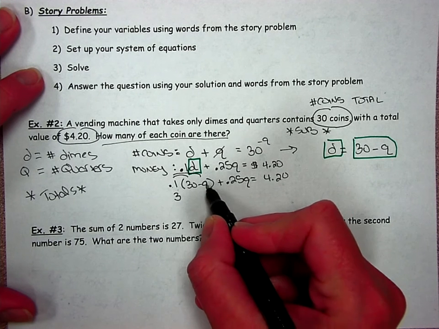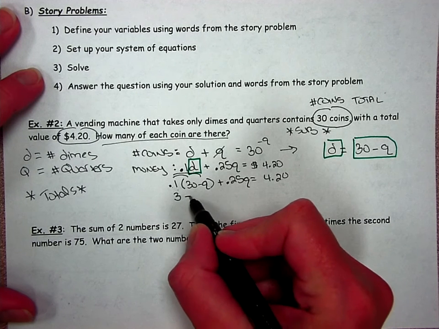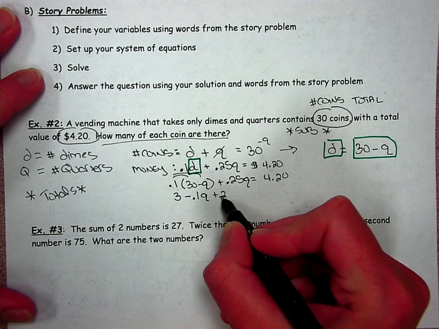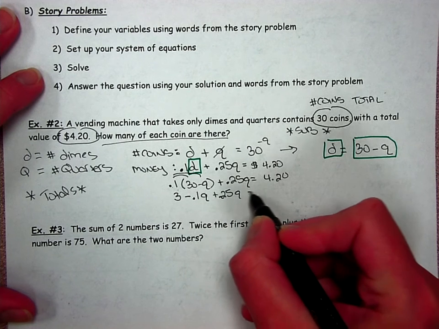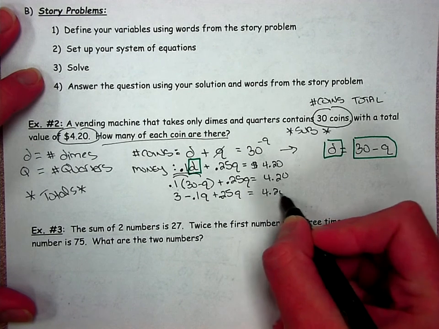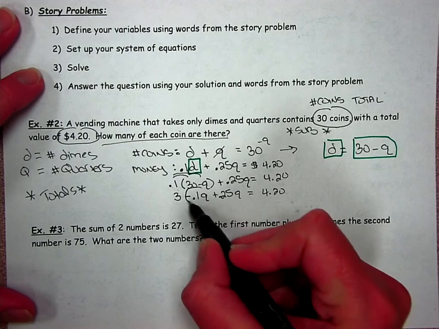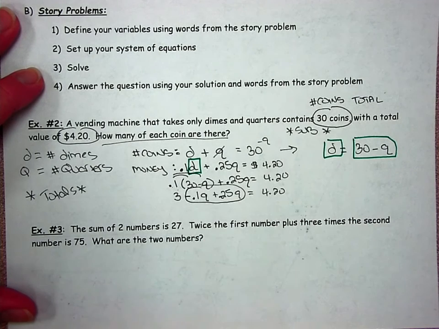Then 0.1 times negative Q is negative 0.1Q. Bring down your plus 0.25Q and 4.20. I have to combine like terms with my Q's.